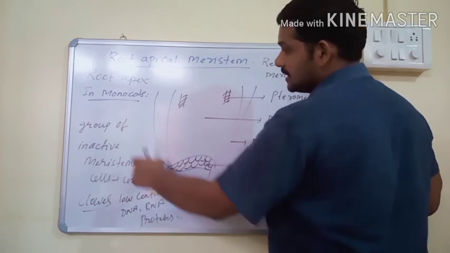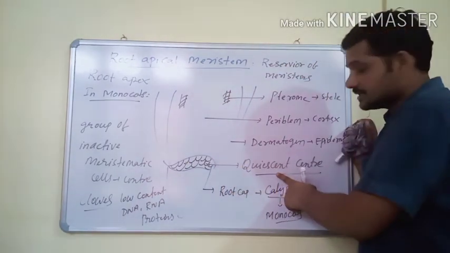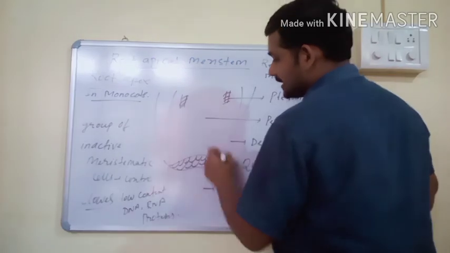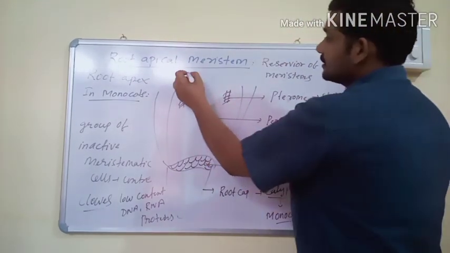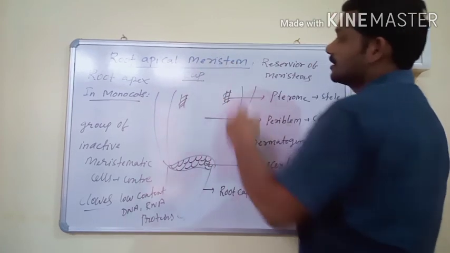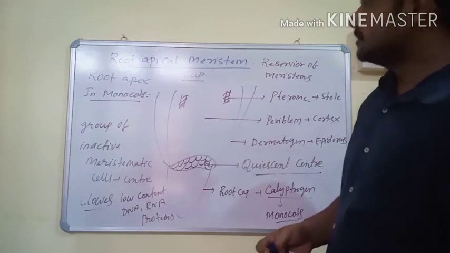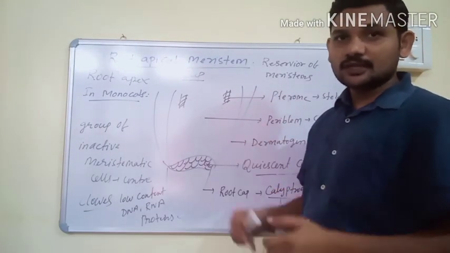Due to this, they are an inactive group of cells. The quiescent center was discovered by Clowes. It is present at the center of the root apex. Due to the presence of the quiescent center, the root apical meristem has a cup shape. So these are the two different types of apical meristematic tissues. With this, meristematic tissues are completed.